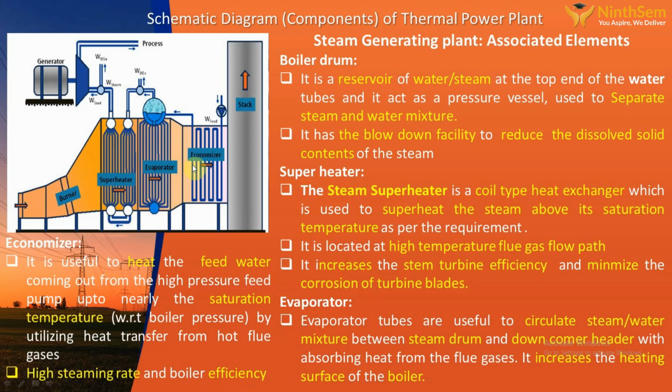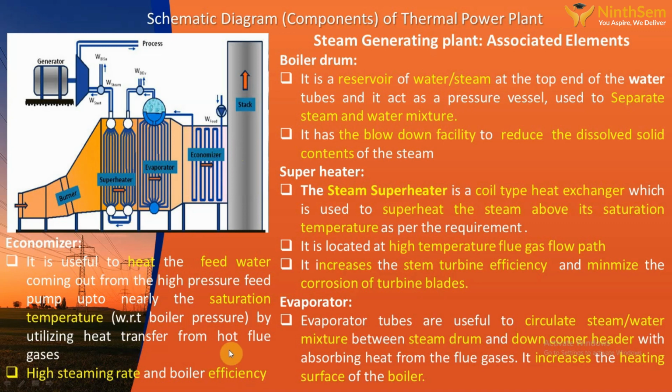The final one is the economizer, which is situated at the extreme end of your flue gas path. It is useful to heat the feed water coming out from the high pressure feed water pump nearly to the saturation temperature with respect to the boiler pressure, by utilizing the heat transfer from the hot flue gases. This preheater we already discussed in the feed water system. It is located near the stack at the extreme end of the flue gas path.